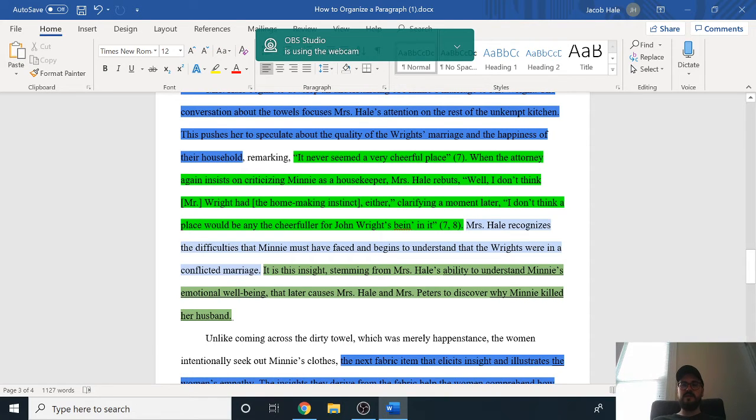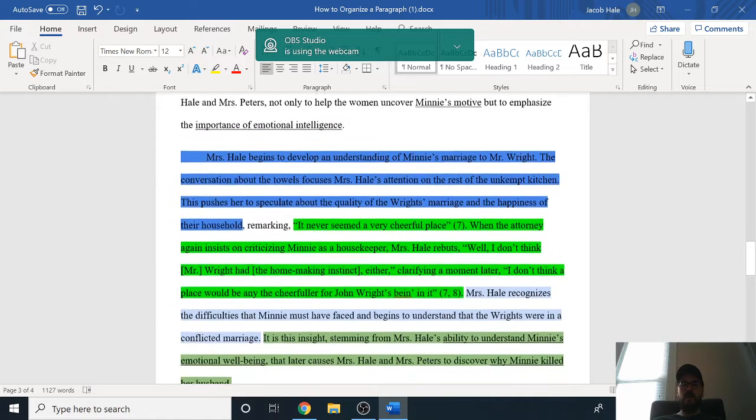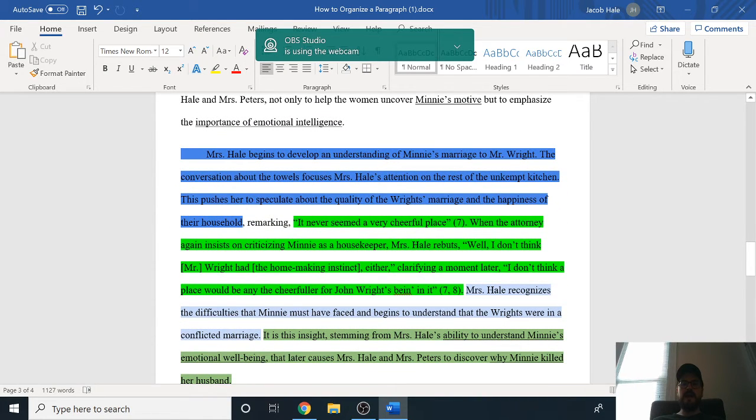And by repeating those things, they make it clear to the reader that they are connecting these ideas back to their thesis. So here they mention insight, they mention emotional well-being, and they mention why Minnie killed her husband. Those are three ideas that we saw in the thesis, and by repeating those ideas at the end of this paragraph, the writer is letting us know how the main idea and the example in this paragraph are working to support the overall idea.